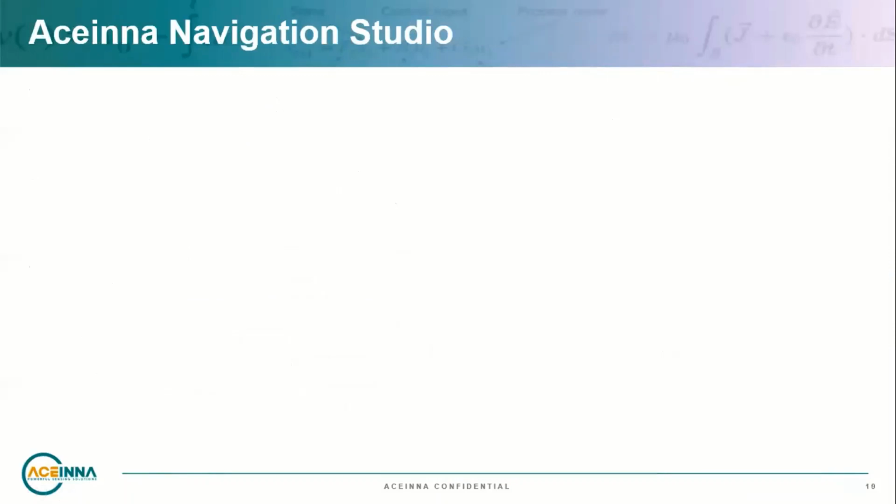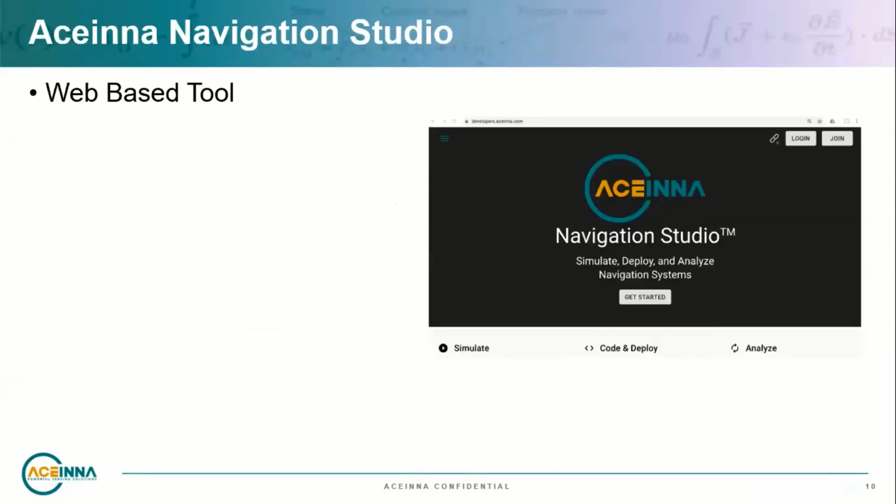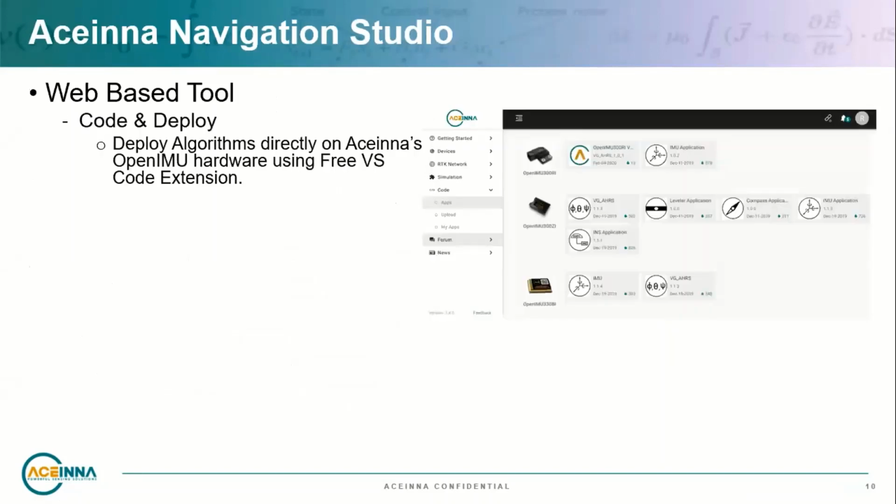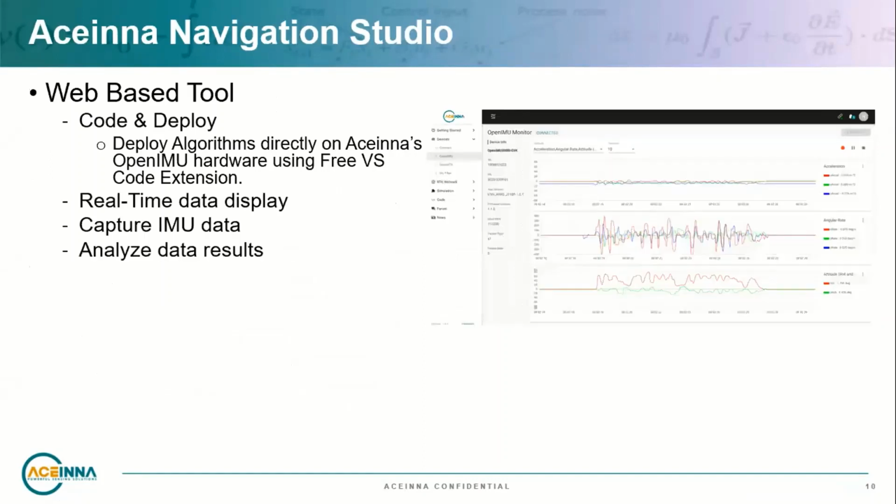So ACEINNA Navigation Studio is a web-based tool which is used to program and deploy the firmware or the binary file directly onto your OpenIMU hardware unit. This web-based tool is also useful for looking at the data in real time from the sensor.